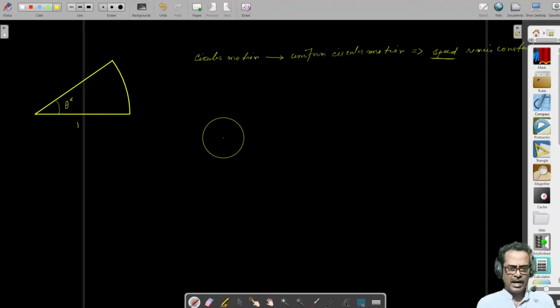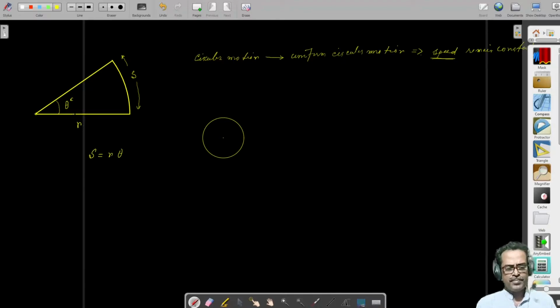If it is R and S is the length of the arc, therefore the relation among S, theta and R is S is equal to R theta. Okay.